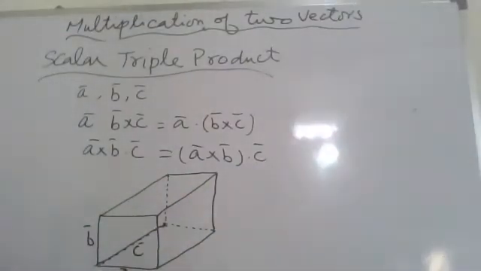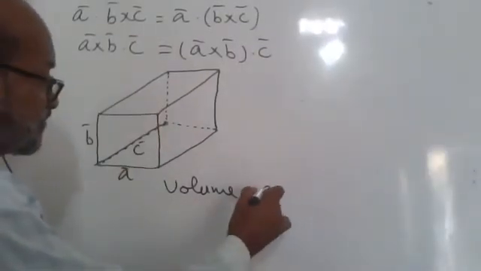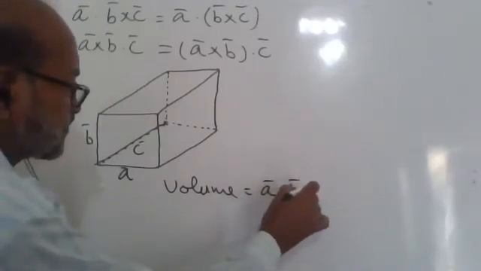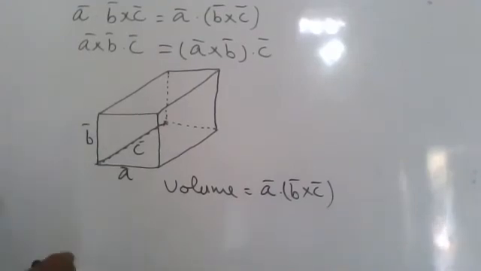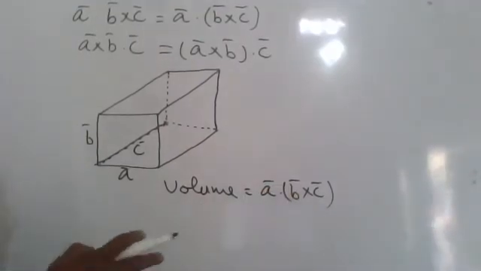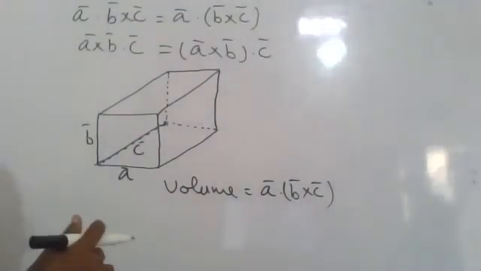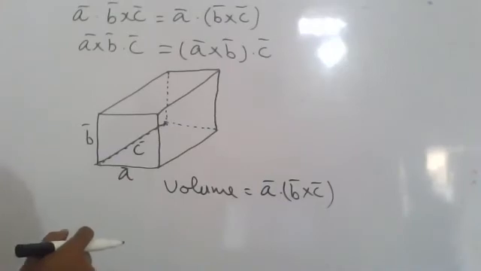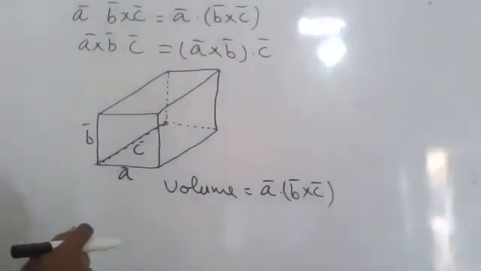It will be equal to A dot B cross C. You take the cross of two vectors and then the dot of the third vector. This will be the volume of the parallelepiped.